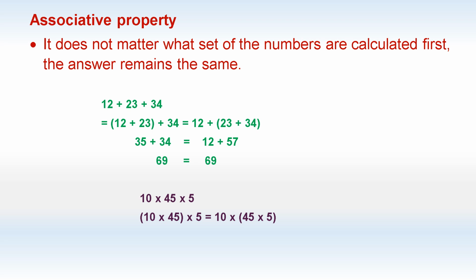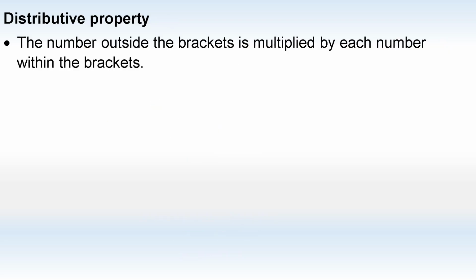So 10 times 45 is 450, so it's 450 times 5. Is it equal to, if we multiplied 45 times 5, which is 225, and then times 10? So it was 10 times 225 as opposed to 450 times 5. And both answers give you 2,250.